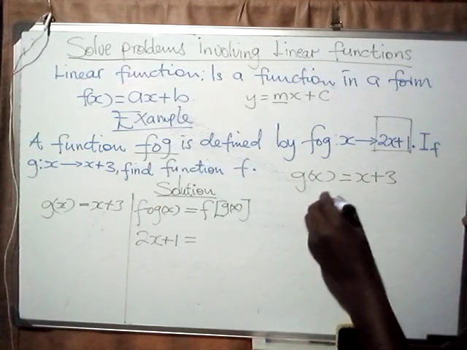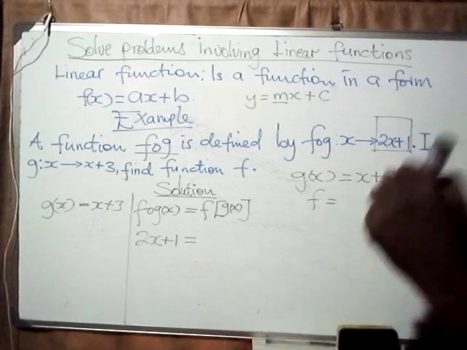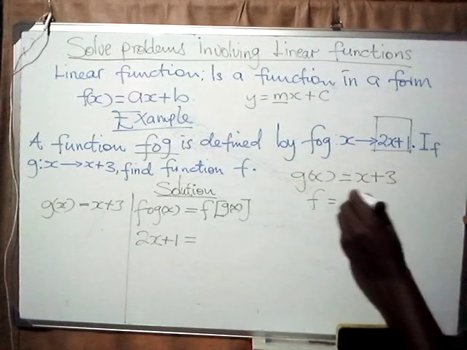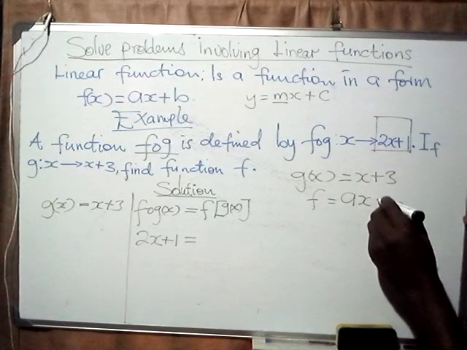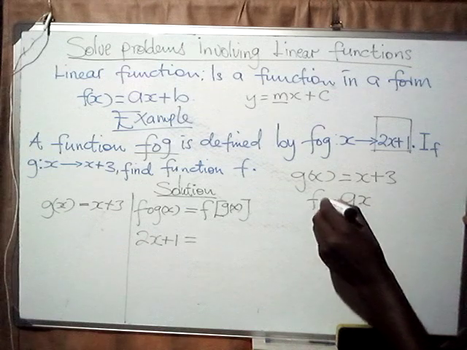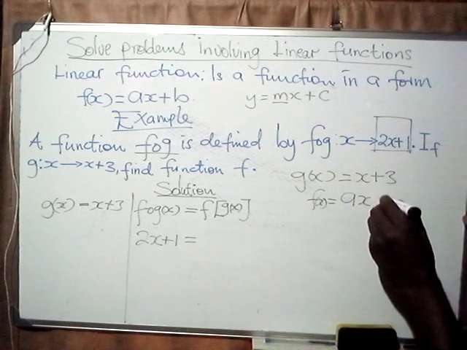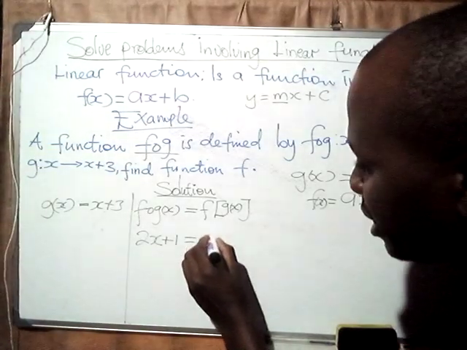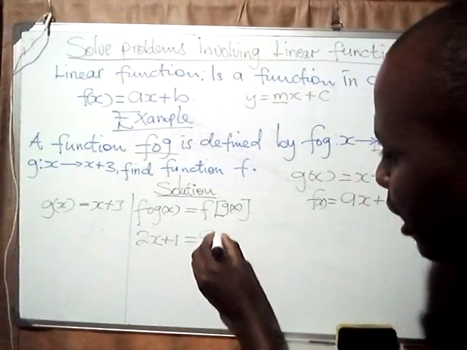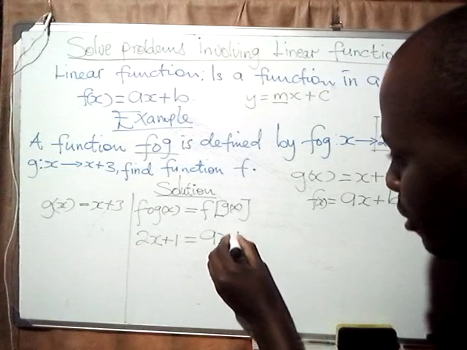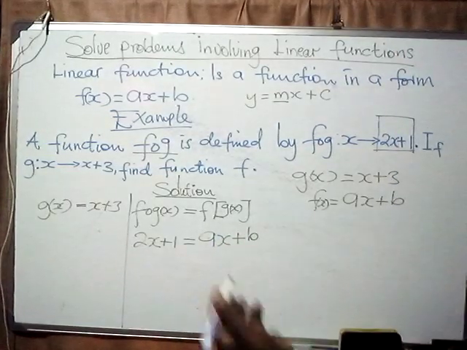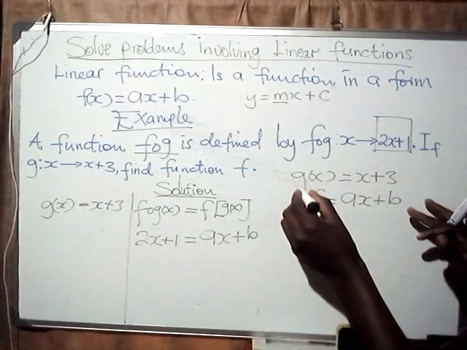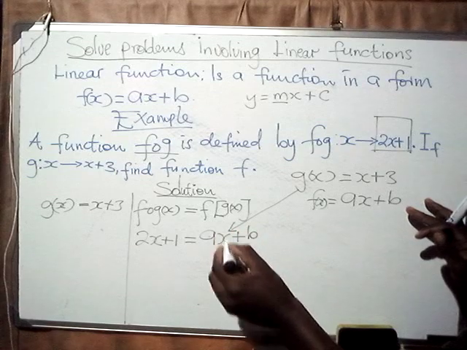Now, what is the function f? We have no option but to name it as a linear function. So f of x is ax plus b. Now where there's x, I'm going to replace it with the function g. Why?